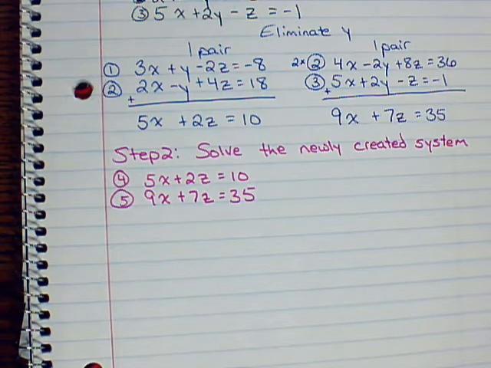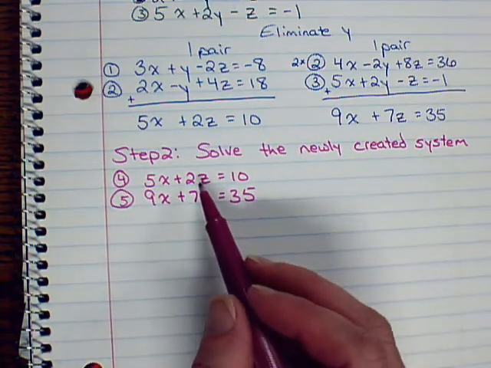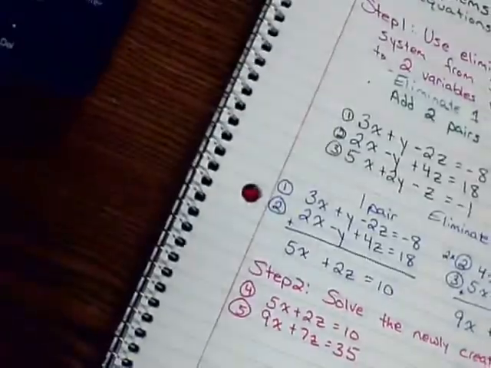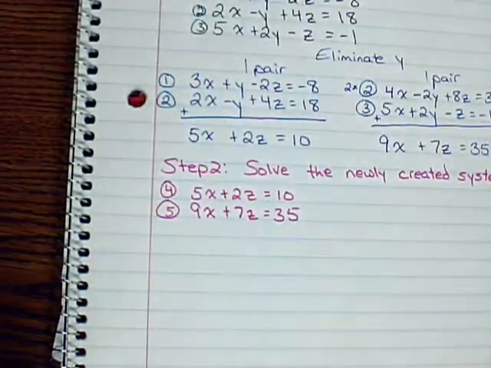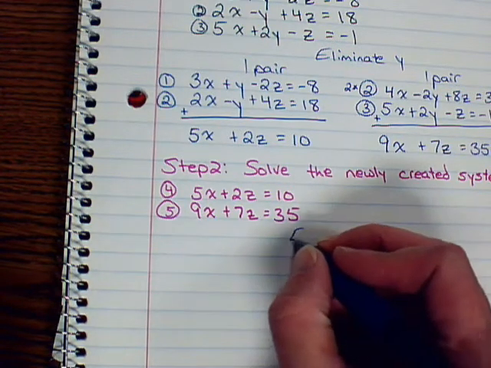Which variables should I eliminate, though? Let's look at this. We've got a 5 and a 9. Got 2 and 7. I'm thinking the 2 and 7 might be a good mix. Whoops, sorry. So, maybe I should go with trying to make them be 14 and negative 14. All right. So, to do that, we're going to be eliminating z.